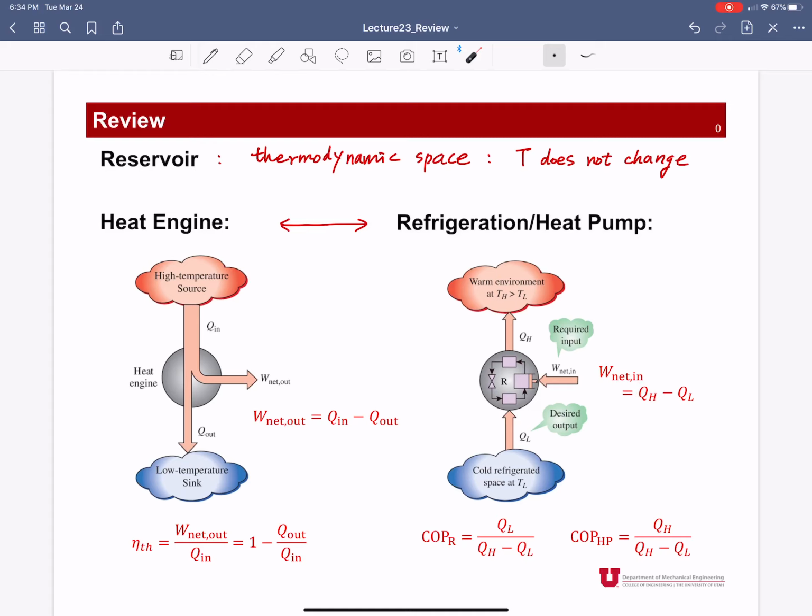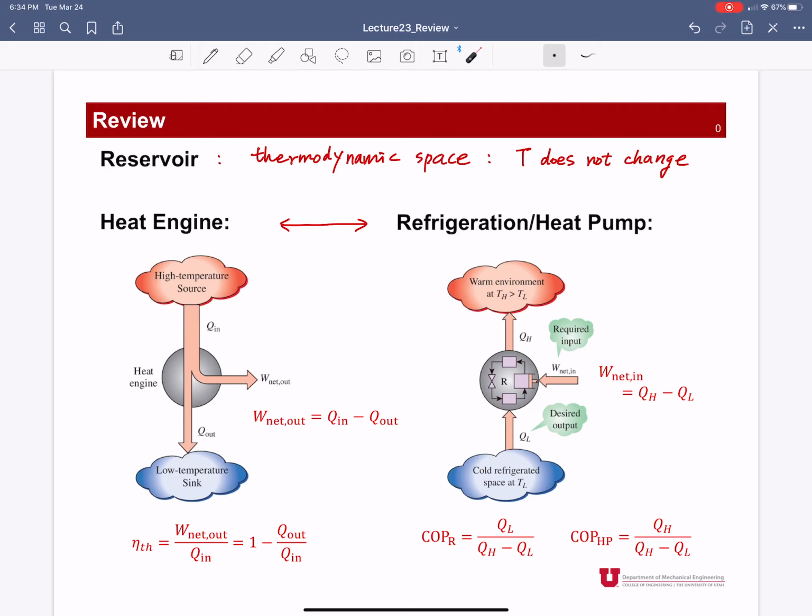Now, we also can define a similar concept as efficiency for refrigeration or heat pump, but in this case, instead of using efficiency, we call that COP, or the coefficient of performance. Now, COP for refrigeration, again, is defined by desired output divided by required input.